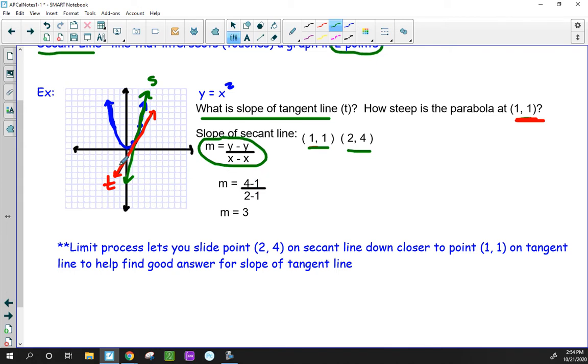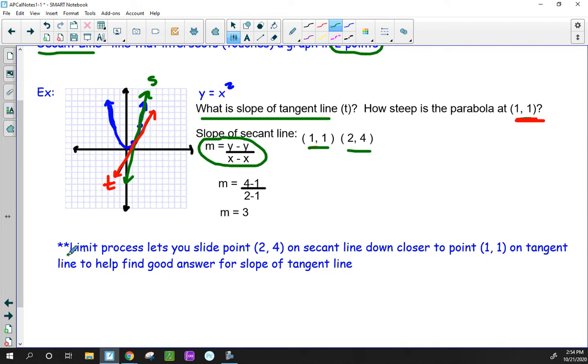It's a little different when you look at line T though. For line T, I only have one location right now, and it's at (1, 1). Where I've just sketched this in, I really don't know. I would have to estimate where other points are. But to be accurate on finding the slope of line T, I actually have to get a little bit more information.